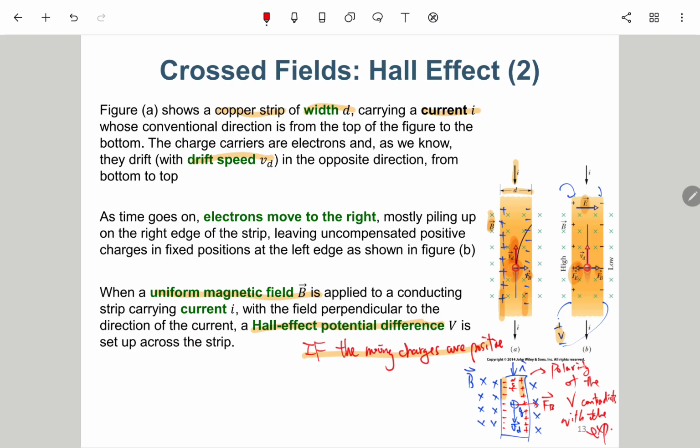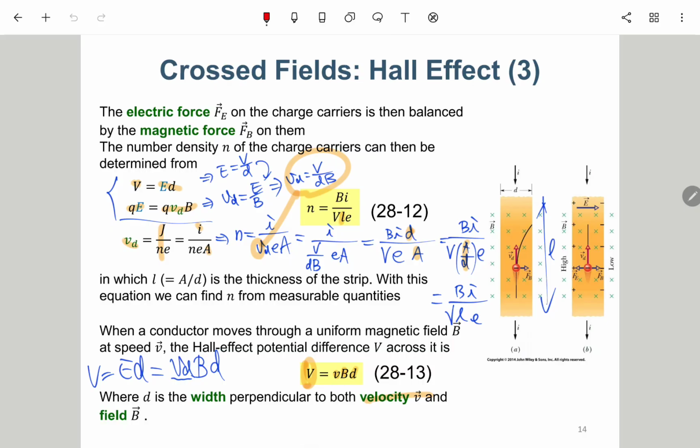So it cannot be possible that the moving charges are positive. This is the very first experiment to really prove that the moving charges inside the circuit should be negative charge.